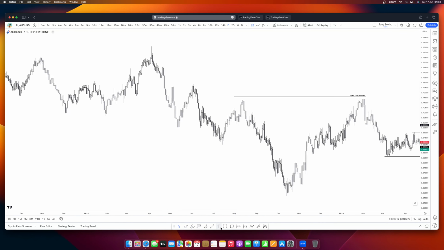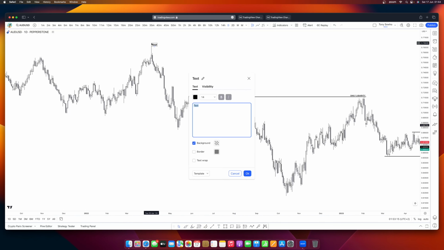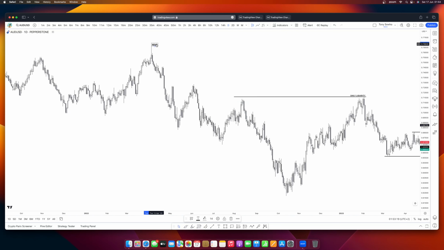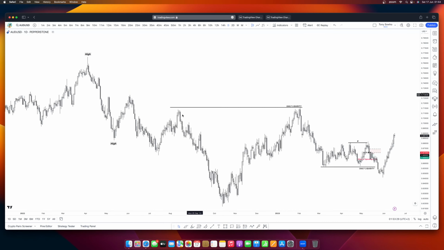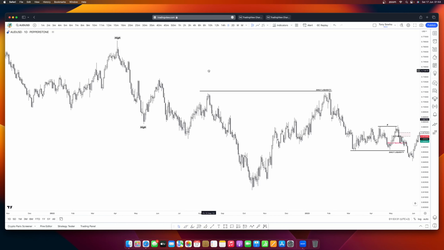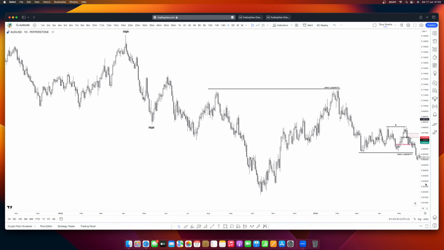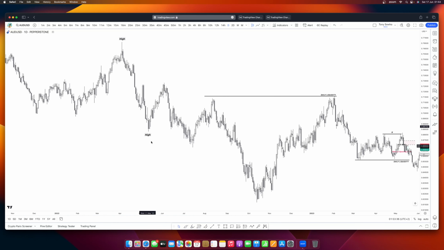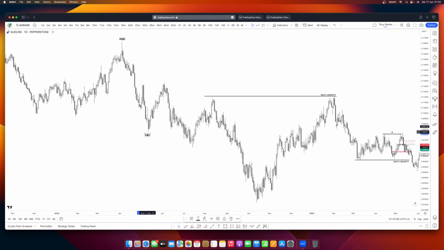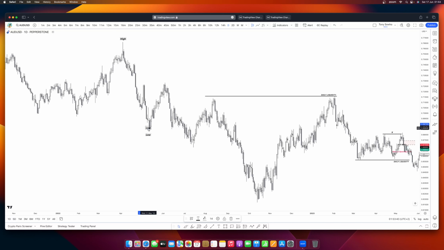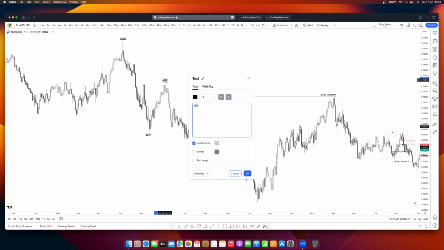We have this as the high up here, and we have this one down here as the low. Then we have this as the low, and then we have this area here as the lower high.